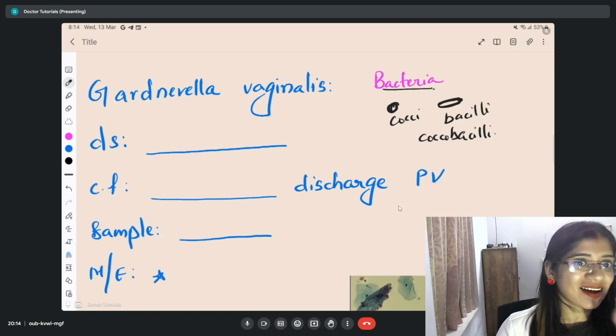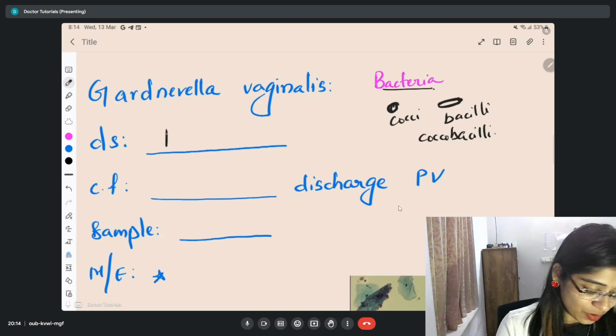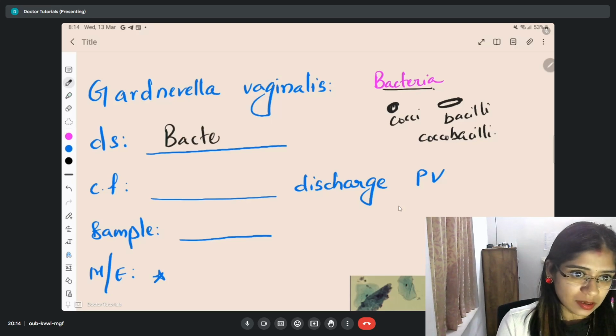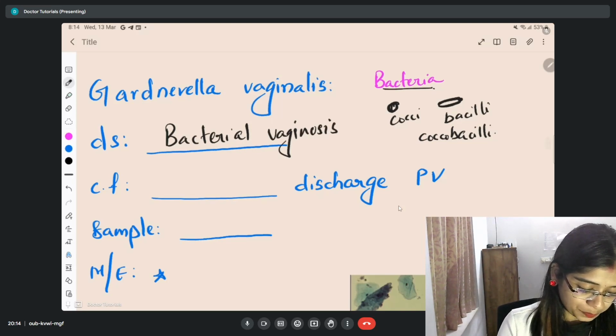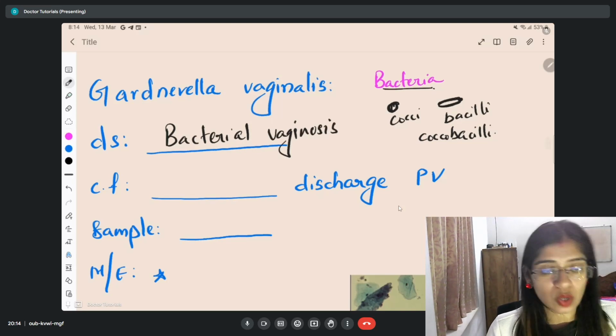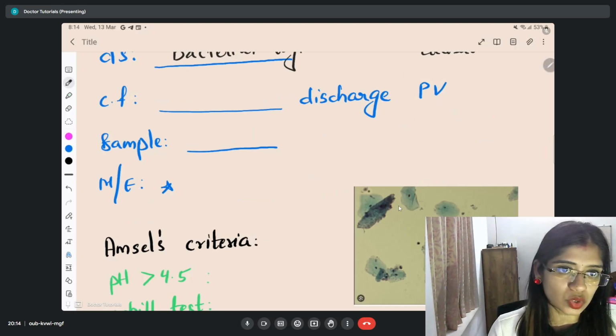Before that, Gardnerella vaginalis causes a disease called bacterial vaginosis. Again, this also causes genital problems only, mostly in females. Clinical feature, what is it?